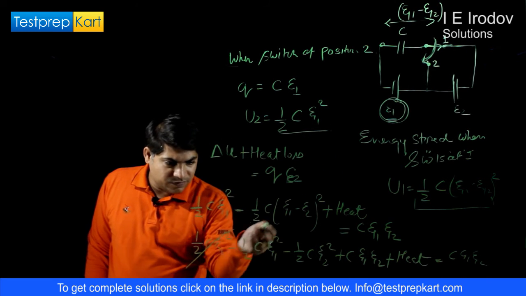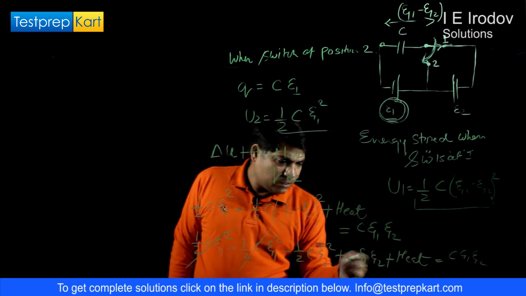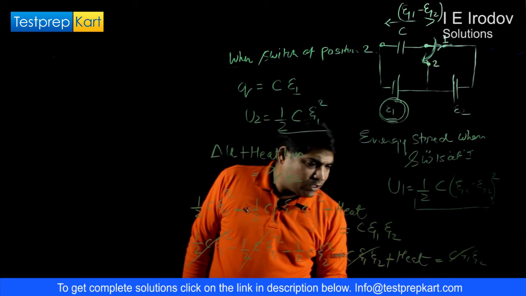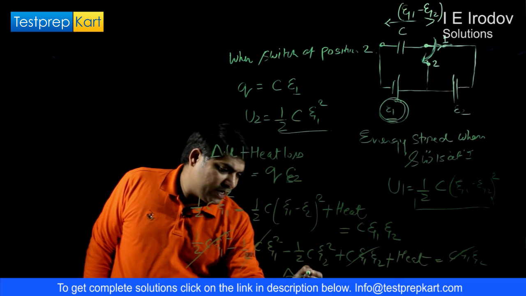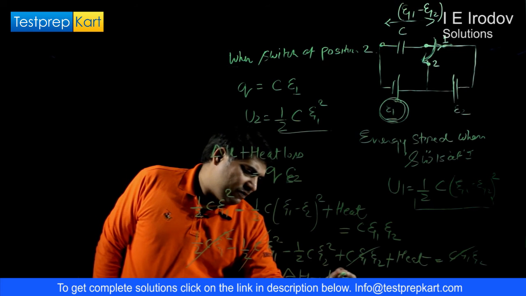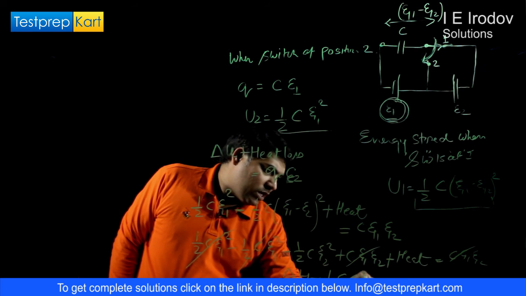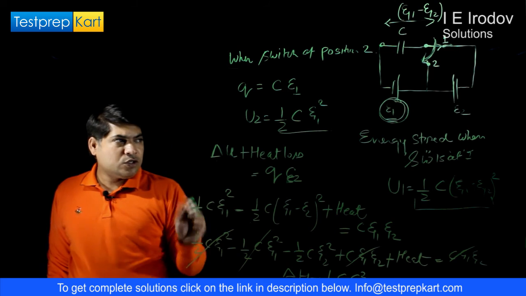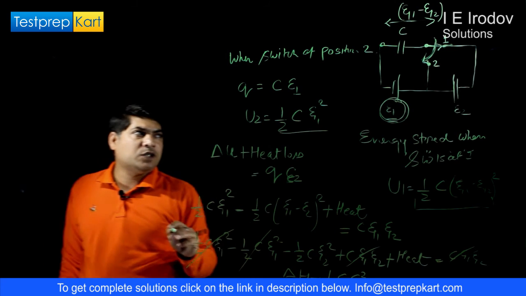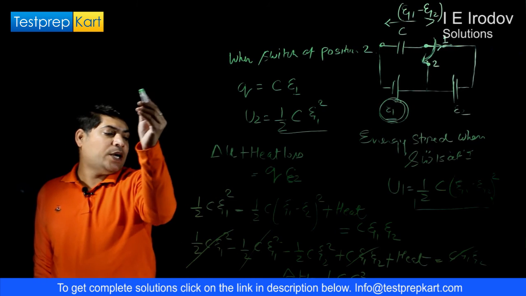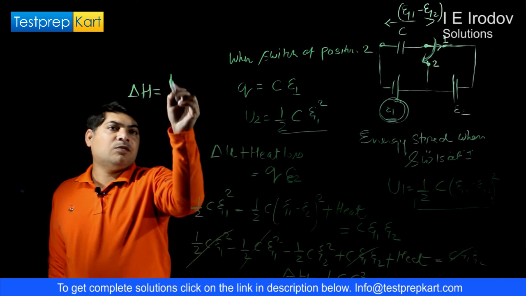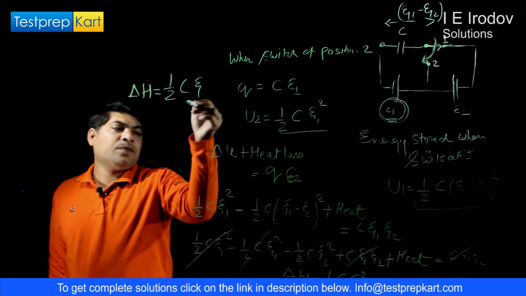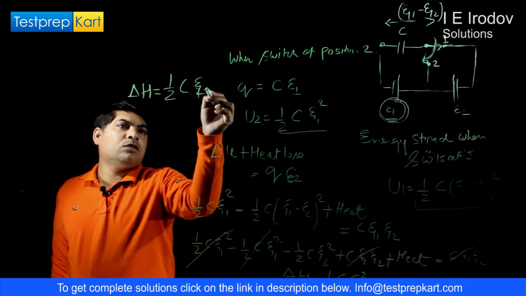So these two terms will get cancelled out. From here we can write that heat liberated minus half C E2 square must be equal to 0. So when we shift the position of the switch from point 1 to point 2, then the heat released by this system would be half C E2 square.